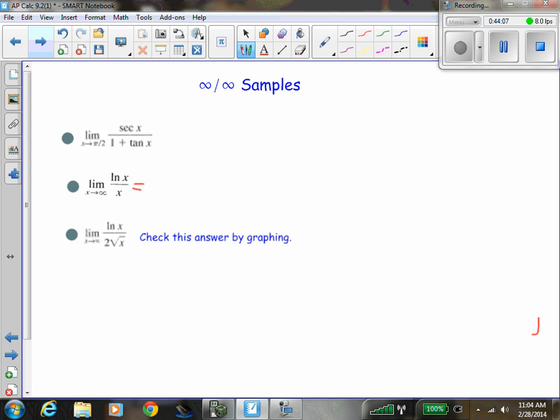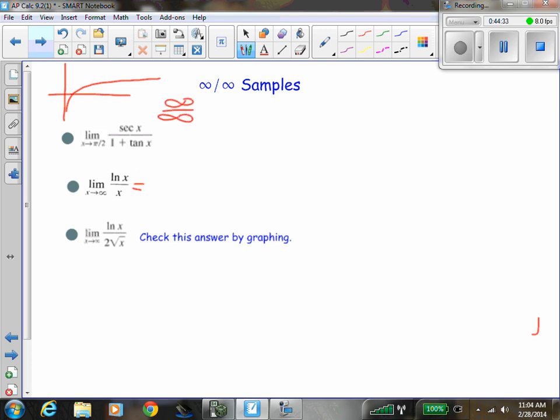What happens to the natural log as x approaches infinity? Does it approach infinity? Natural log graph looks like this. Really looks like it's going out there flat, but remember, one of the things we learned about this one in pre-cal is you can make it bigger than any number, so that means it gets infinitely large. So this one really is also an infinity over infinity.